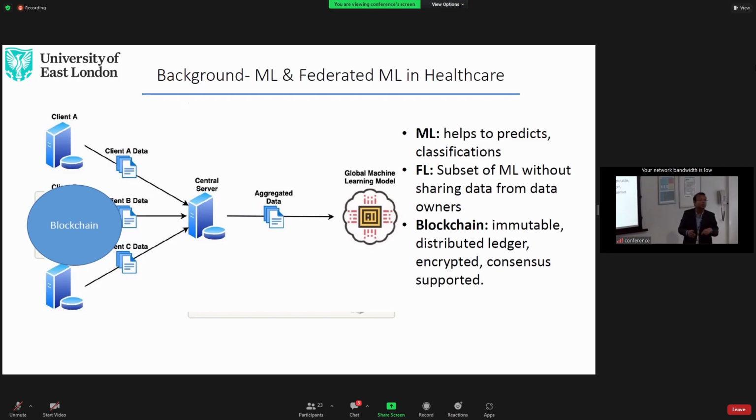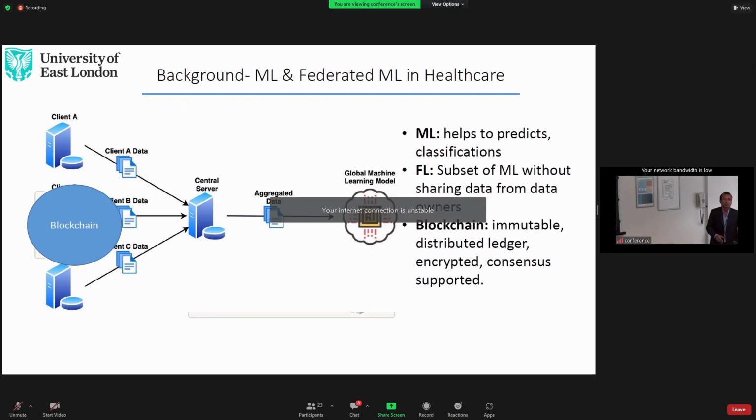So in our research group, what we are proposing is to eliminate the federated server and introduce blockchain there. Whatever learning model comes from every individual healthcare organization, we average through the blockchain network. Blockchain is a highly secure technology, where every piece of data is secured and encrypted.